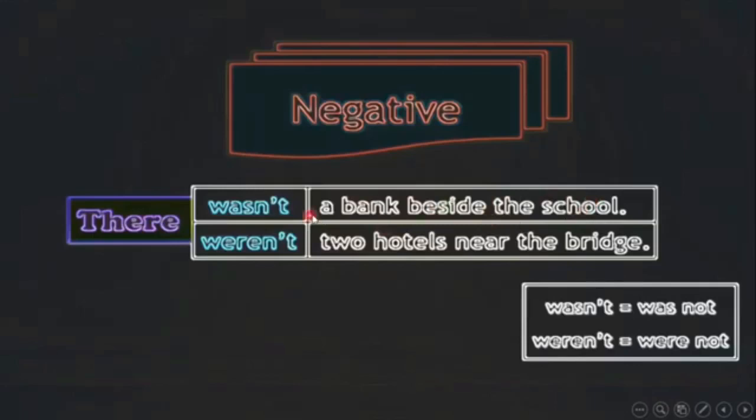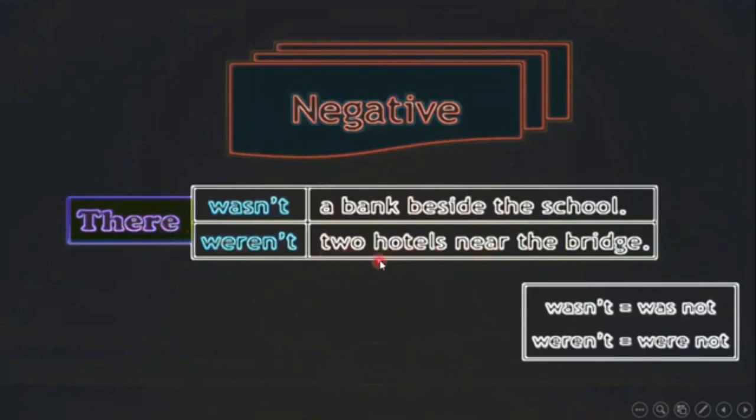Take care here also, my students. After wasn't we also use a singular noun. A bank here is a singular noun. Also after there weren't, we use a plural noun. There weren't 2 hotels near the bridge.